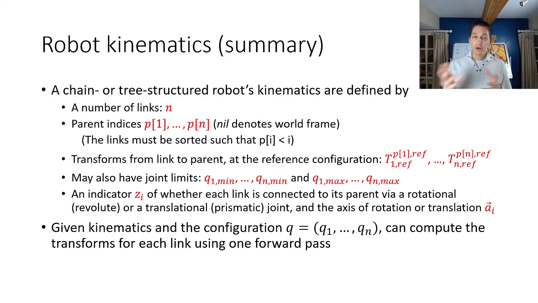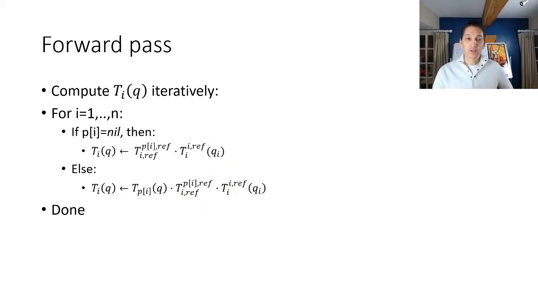Now, from all that information and the robot's configuration, the configuration is going to be changing much more frequently than the kinematic structure, we're going to be able to use a one-pass algorithm to calculate all of the link transforms. Essentially, an efficient algorithm looks like this. It's an order n algorithm. We start by going from the first link to the nth link.